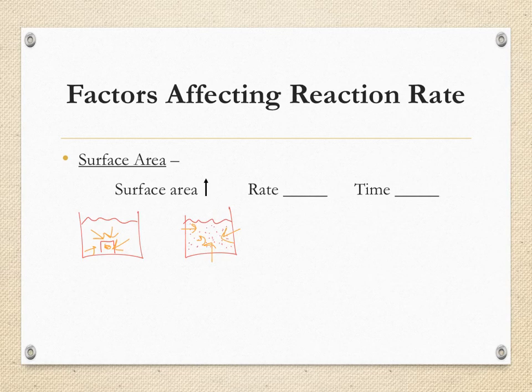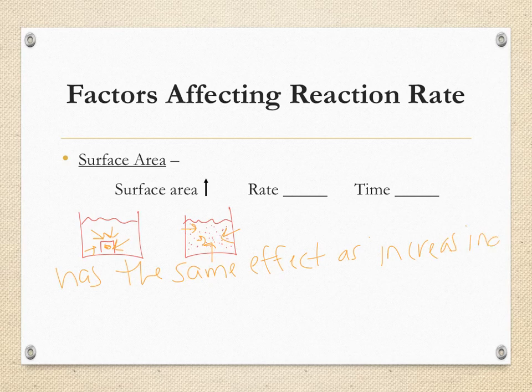So increasing surface area has the same effect as increasing concentration. It has that effect because essentially more of the reactants are touching each other at one time.